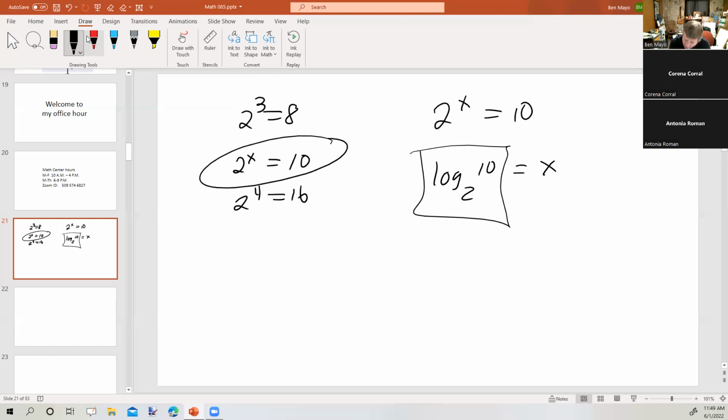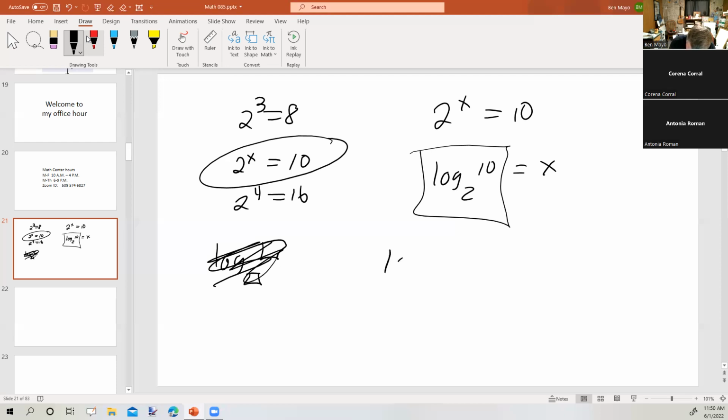Now, it's possible that one of you does have a calculator that has a button that looks like this. If you have this calculator, you don't have that button, and you're going to need what I'm going to show you. So I'm going to make the assumption that you don't have that button, okay? So what we're going to look at now is something called the change of base formula, okay?